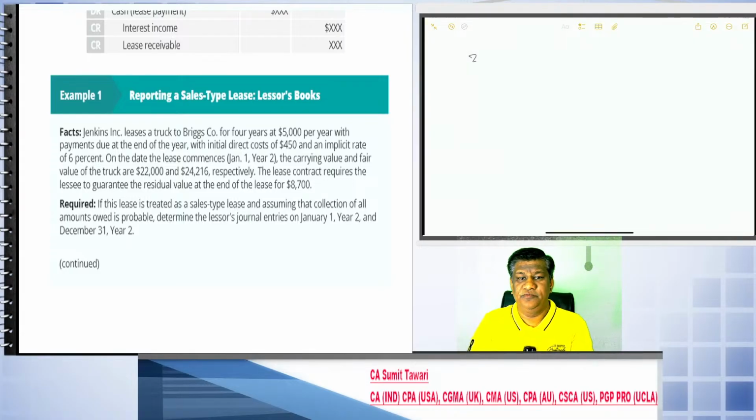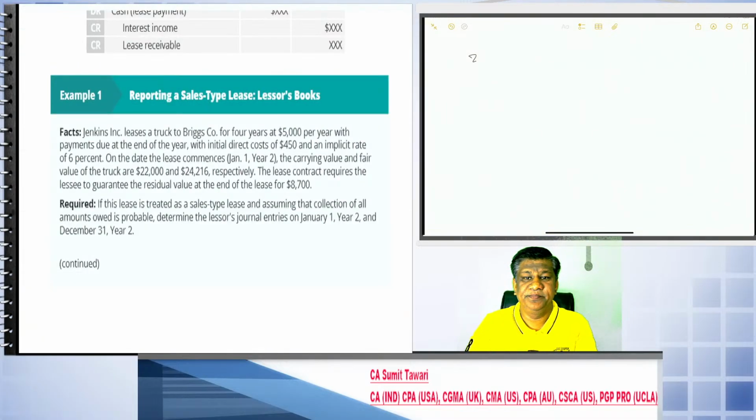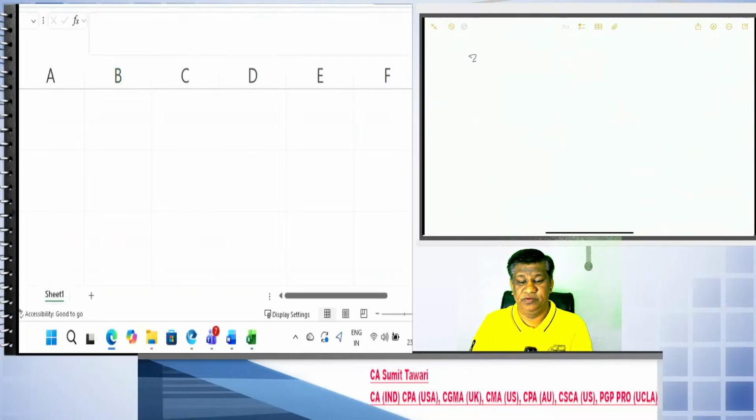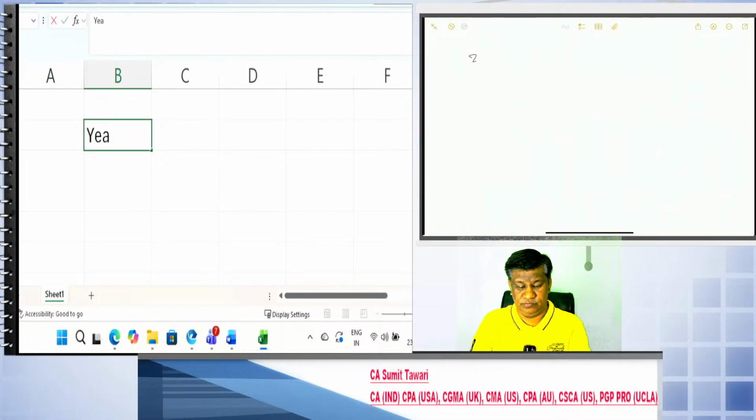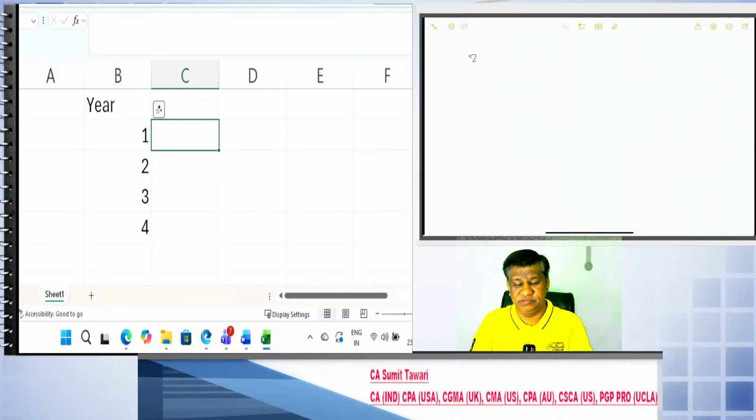Okay, so we start with yesterday's question. I'll just write some information in Excel. If you see, the lease rental per year is 5,000, for years 1, 2, 3, and 4.